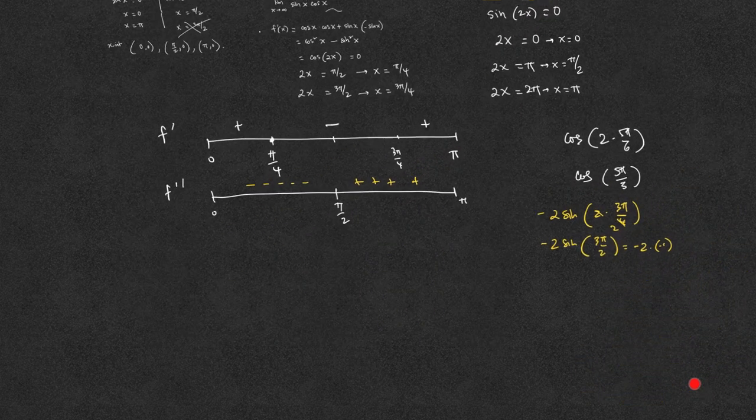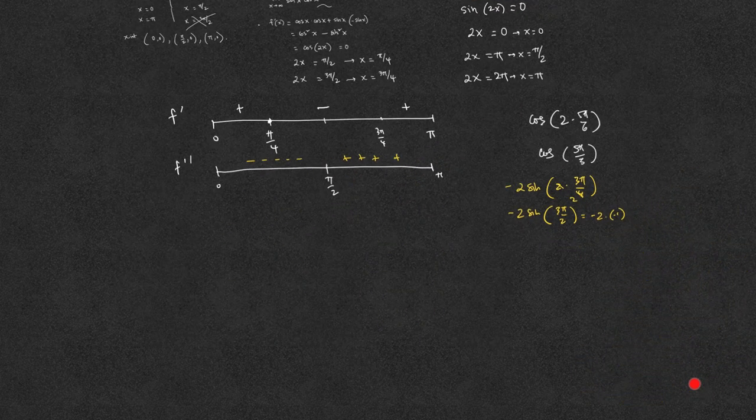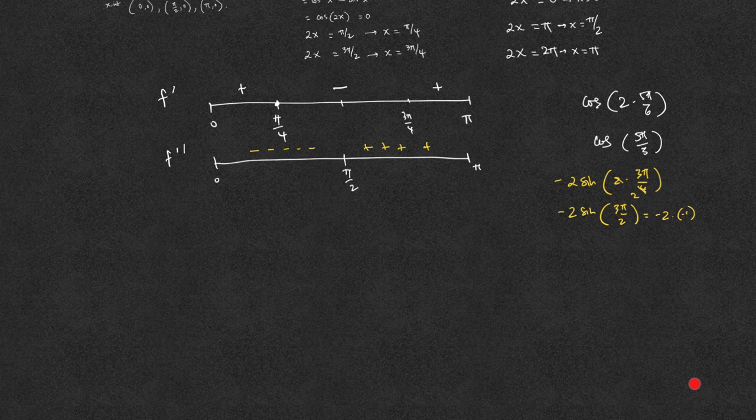To sketch the graph of f, we first plot the points that belong to the function f. They are the x-intercepts and the y-intercept and any local maximum and minimum. We know that the x-intercepts are at 0, at pi over 2, and at pi.